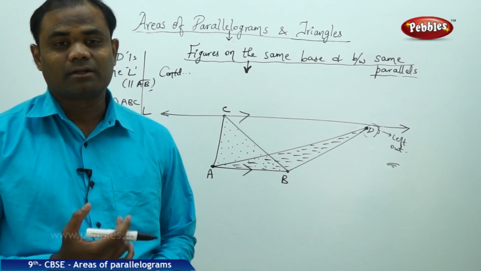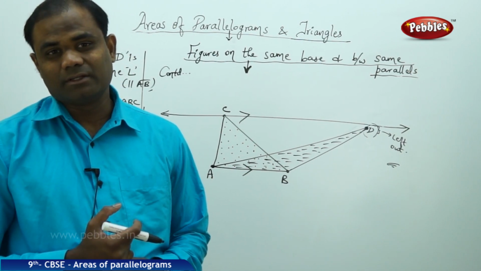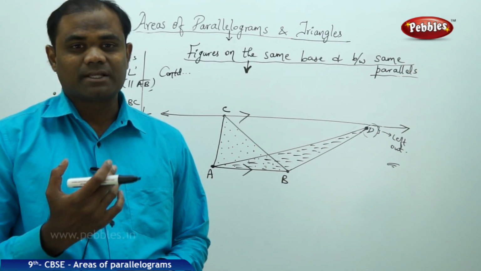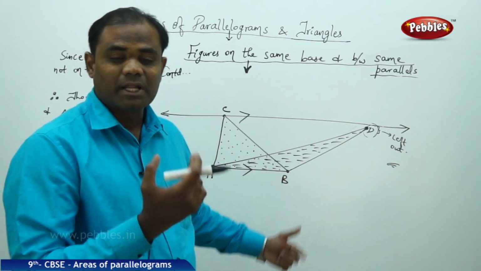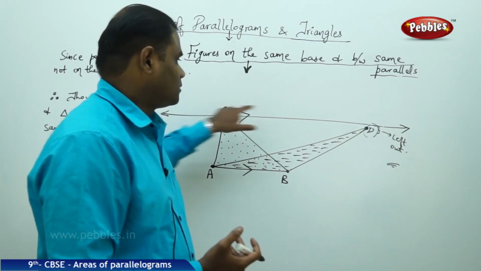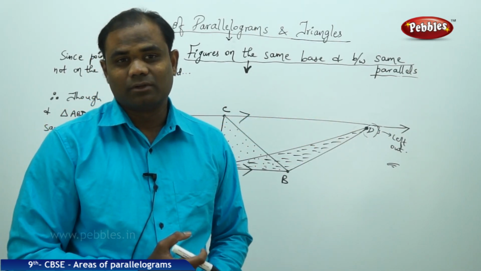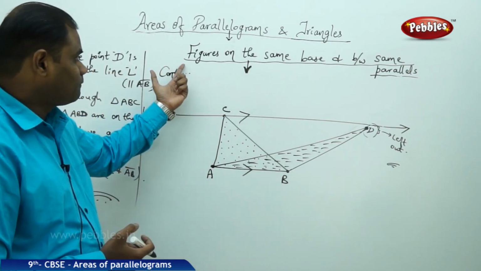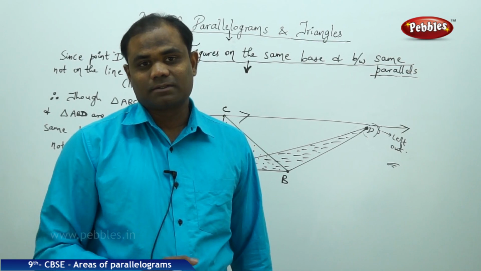So the two figures are on the same base and between same parallels if the figure has its vertices other than the base which lie entirely on the line which is parallel to the base, is how we conclude with figures on the same base and between same parallels.